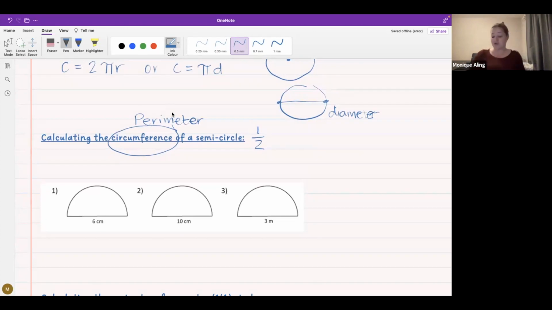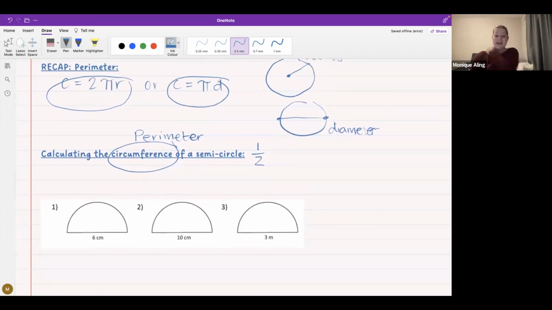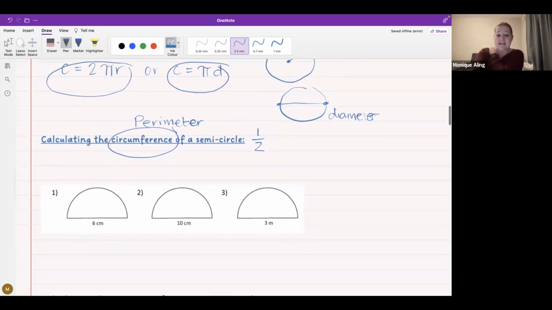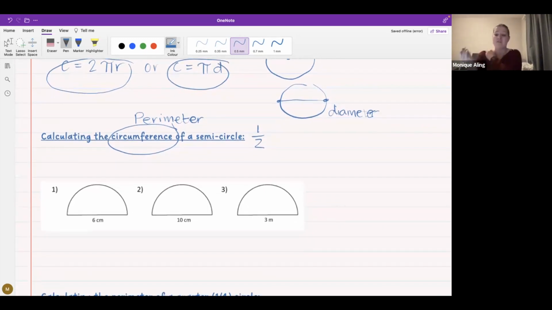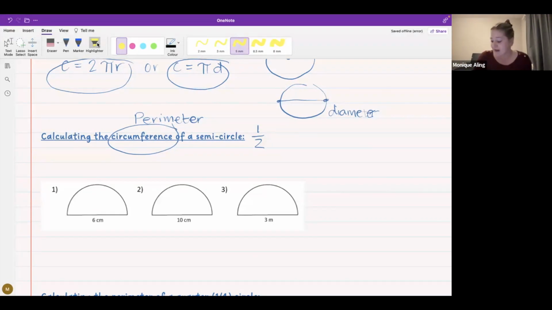So we can use our usual formulas that we just went through. Okay, so we can either say 2 pi r or pi times d, but the main thing is that we times by half at the end of the formula because we are looking at half a circle, and we also need to remember that we have a flat side now.